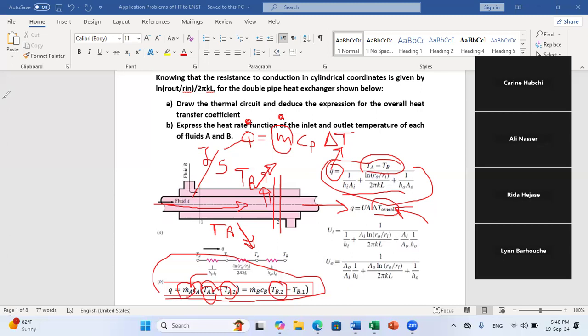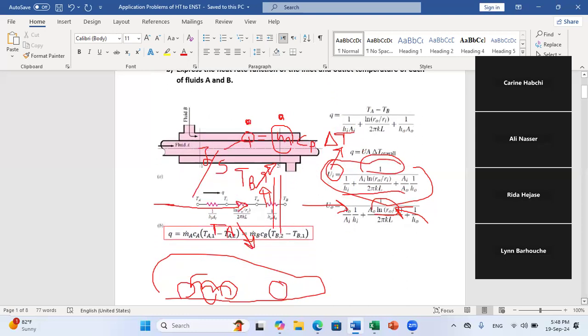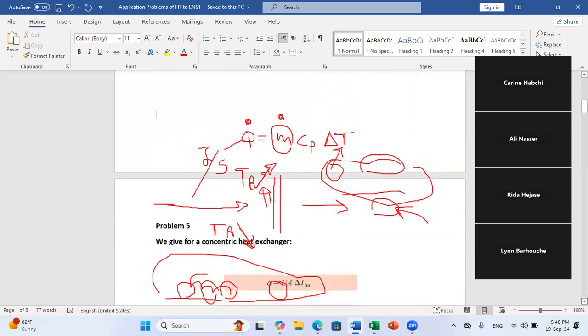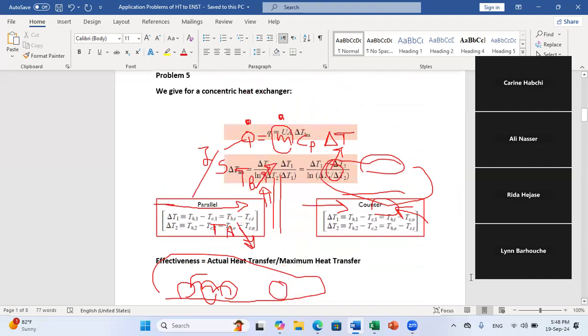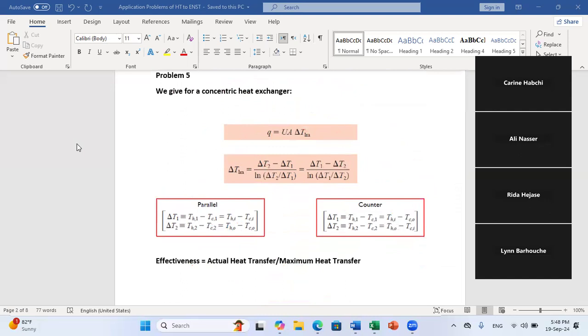Okay. So let us continue with another problem. We're still in the same application of heat exchangers, but we'll now discuss more details of design. As I said, you have several configurations. If I consider a concentric heat exchanger, I have a tube, you have one flow through the inner side and another flow from the outer side, okay?